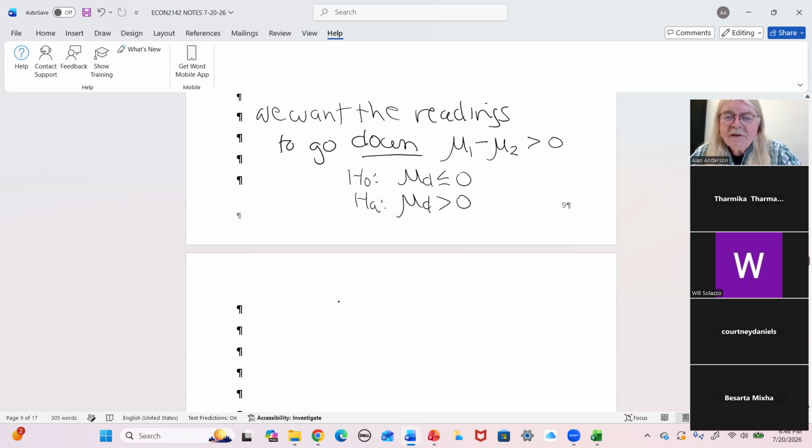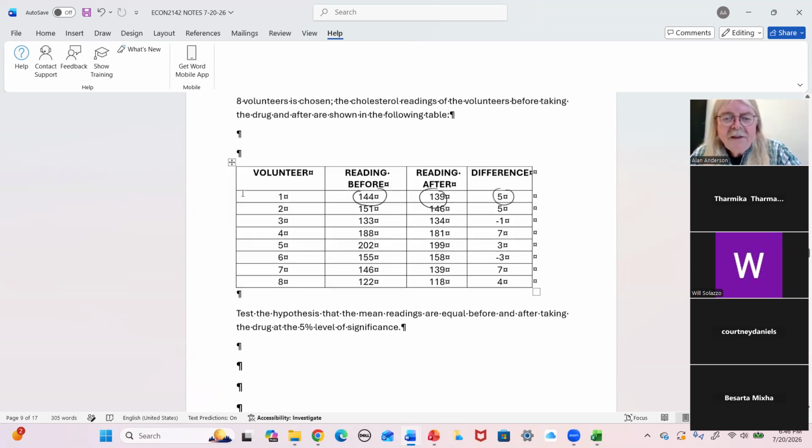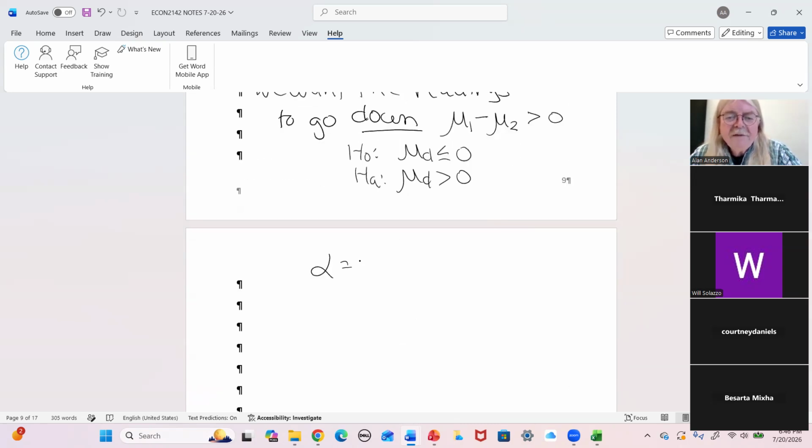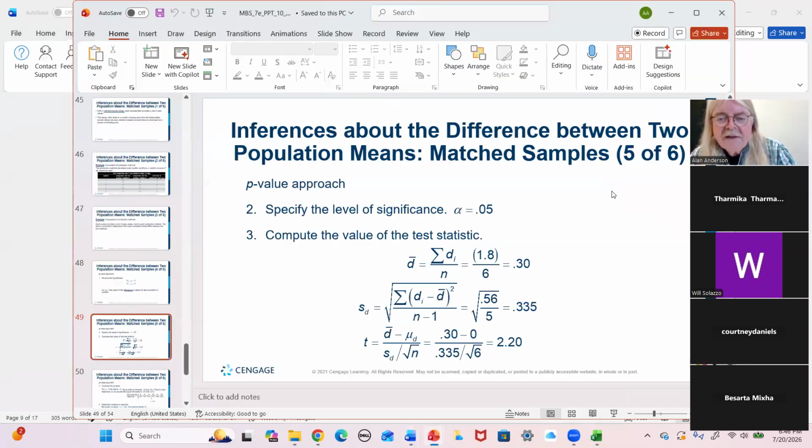That is very confusing to a lot of people. And everyone, really, the first time you do this kind of stuff. So we have alpha is 0.05. Now, what are they having us do about the test statistic? Now, we can do this if we want to.